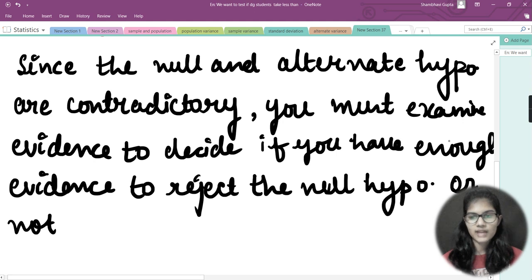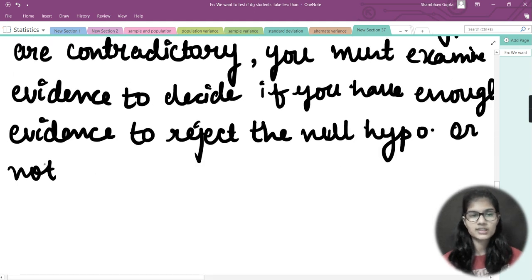This evidence I'm talking about is a form of sample data. Let me add that also.